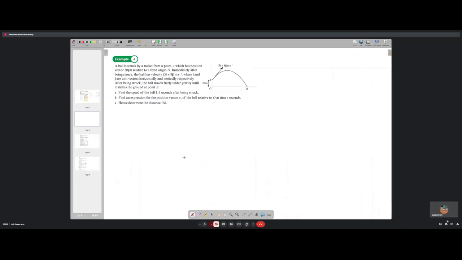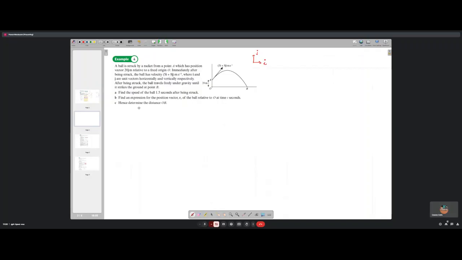Okay, let me go through this example. It says a ball is struck by a racket from point A, which has a position vector of 20j meters relative to the origin. So they're just saying it's 20 meters high. If you think about the ij coordinate system, it becomes clear. Makes sense, right? Immediately after being struck, the ball has a velocity of 5i plus 8j.